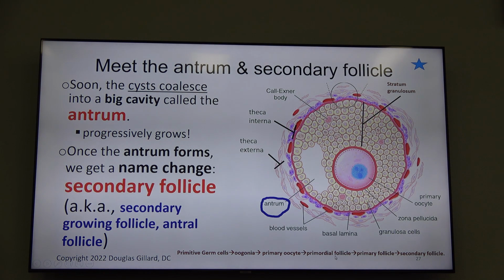Then they started racing, 20 of them, and became a primary follicle. Then those morphed into the secondary follicle. Why? Because we have developed this lake right here, this cavity, this antrum within the stratum granulosum. That's where we're at.